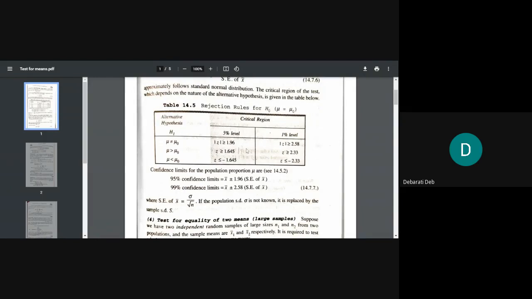At 5% level of significance, what is the critical region? When we are equating the mean, it will be mod z greater than or equal to 1.96. That means if you get the calculated value of z greater than 1.96 at 5% level, then you will reject the null hypothesis.